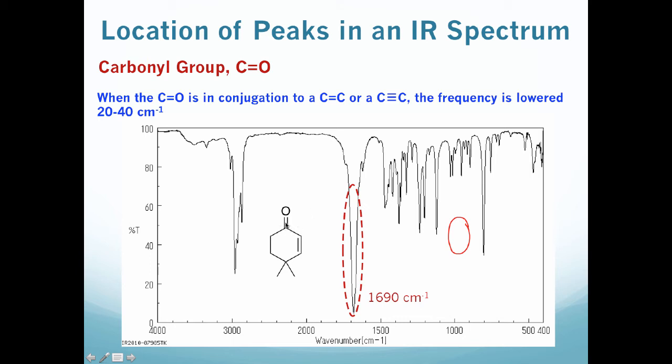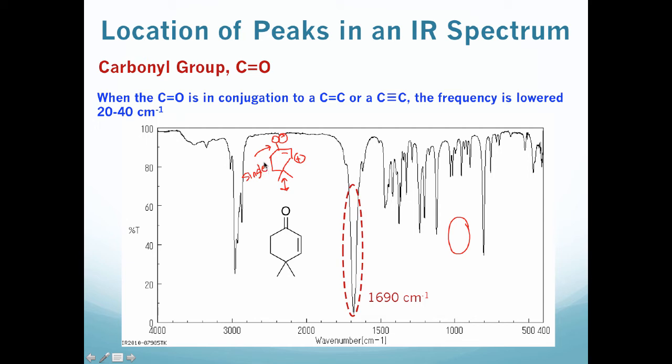So here we have a carbonyl that's in conjugation with this pi bond. And of course you can think about the resonance structure for this. Although it's a minor contributor, in the other resonance structure we have a single bond.